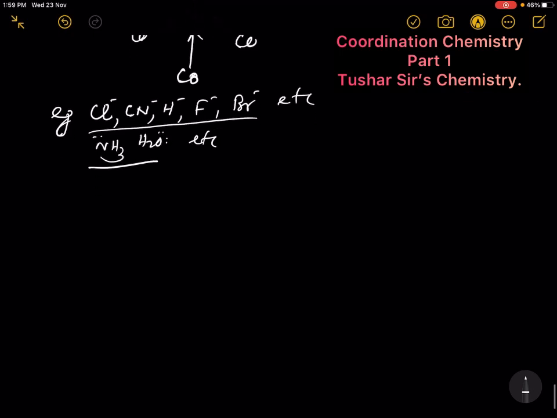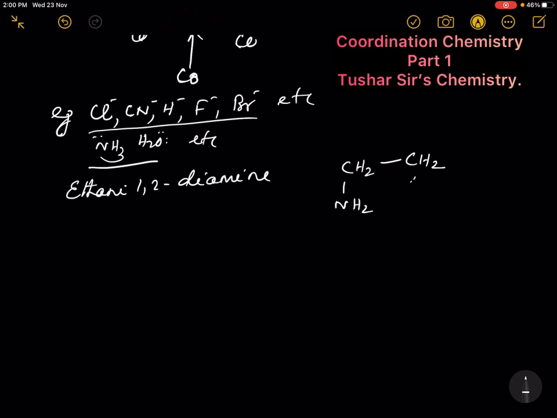Some larger molecules can be treated as ligands, like ethane-1,2-diamine. You see ethane, and it has two NH2 groups. This is ethane-1,2-diamine.